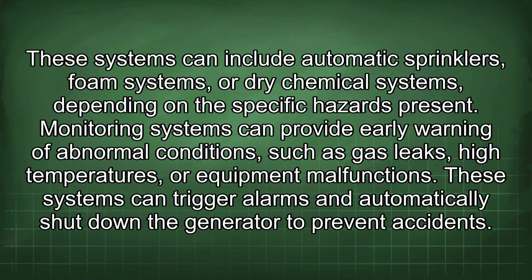These systems can include automatic sprinklers, foam systems, or dry chemical systems, depending on the specific hazards present. Monitoring systems can provide early warning of abnormal conditions, such as gas leaks, high temperatures, or equipment malfunctions. These systems can trigger alarms and automatically shut down the generator to prevent accidents.